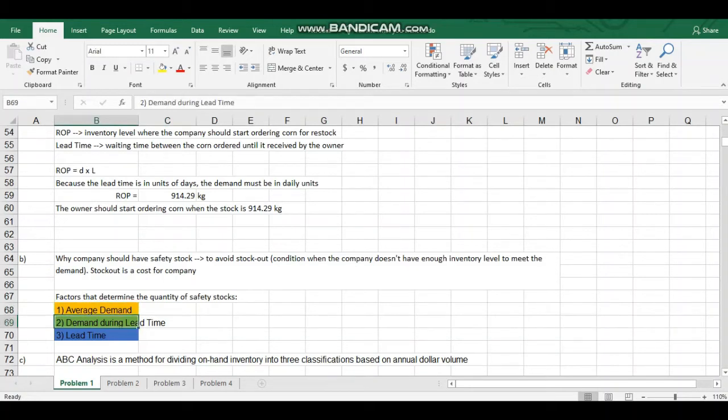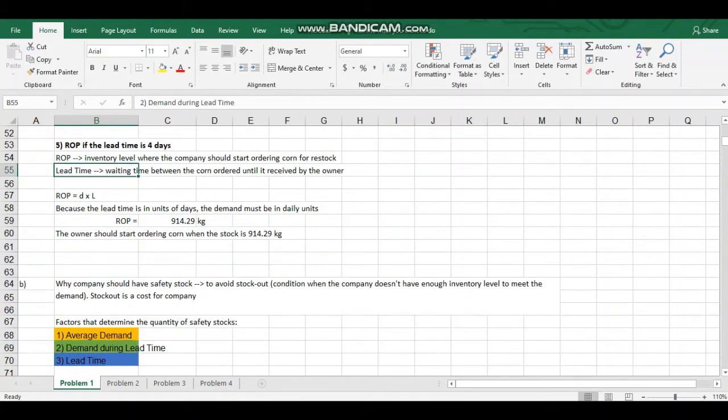So as I said, lead time is the waiting time between the corn being ordered until it is received by the owner. During that lead time, or the waiting time, demands occur, and for the demand that appears during lead time, we should have safety stock as our backup, because during that lead time it means that we are still waiting for new stock to come.